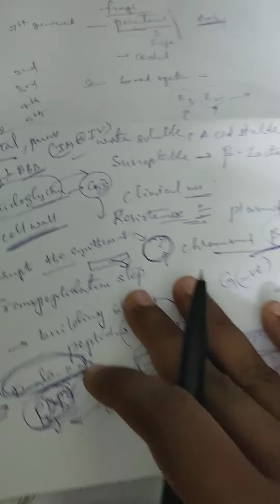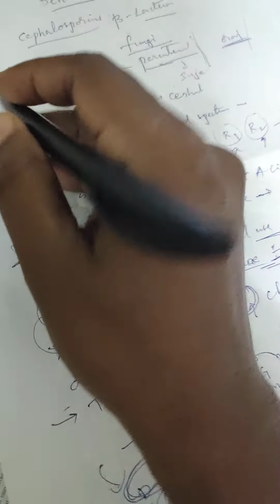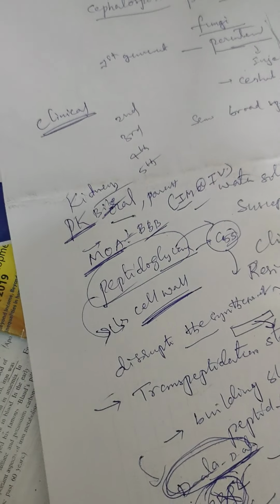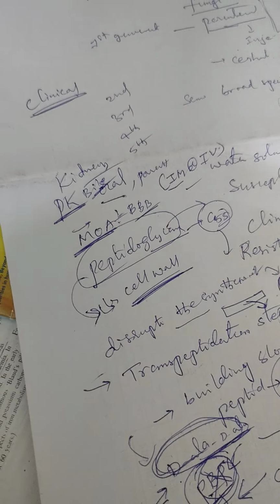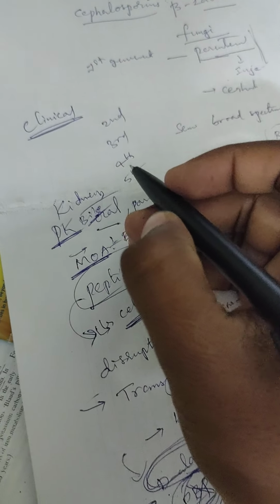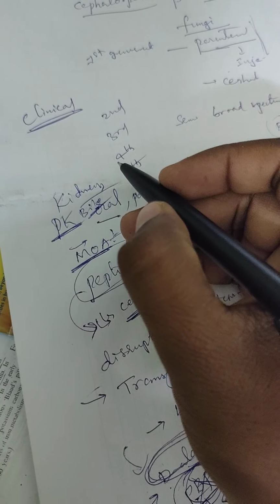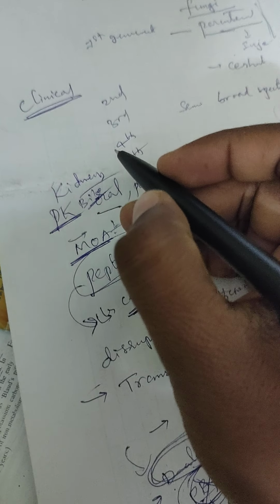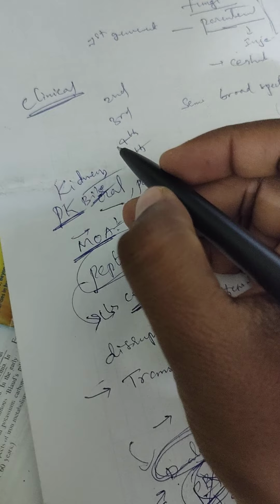Next, clinical uses, very very important. As with penicillins, some clinical uses are most important. Here also, cephalosporin clinical uses. Mainly these cephalosporins are used to treat infections caused by sensitive organisms with other antibiotic patterns of sensitivity.